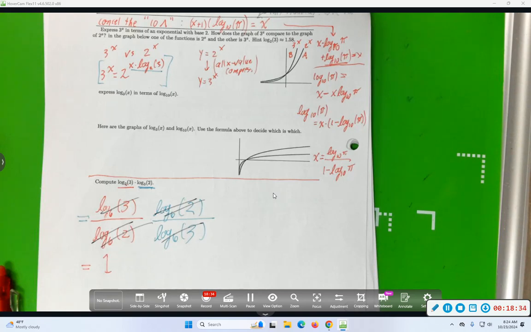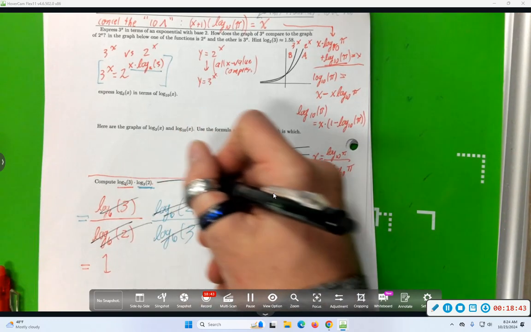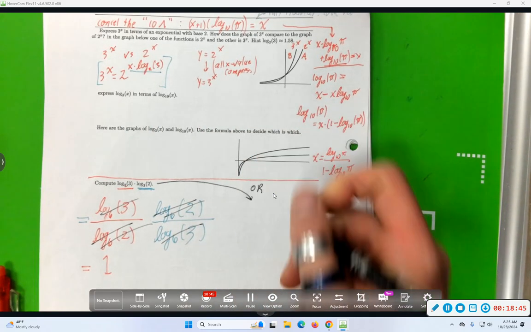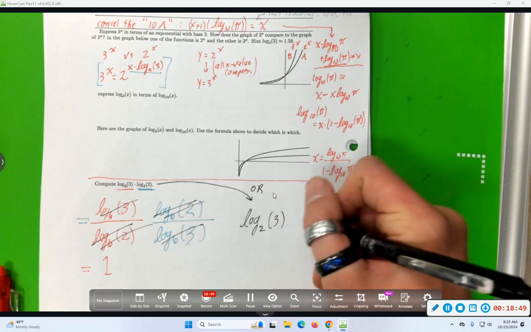It works. If you were to just change one of them to the other, how would that look? Yeah, let's do it. Would you rather see base 2 or base 3? Base 2. So the first piece is going to stay the same. It is already base 2, so it will stay base 2.